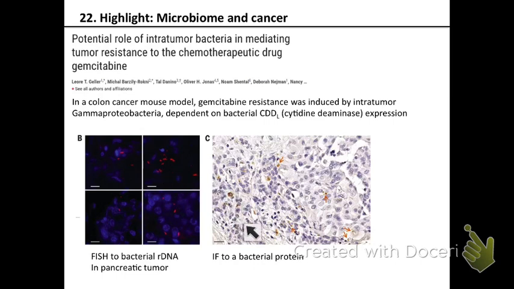And here's another type of assay in which they are trying to see if this bacteria is present in the samples. So they're doing an immunofluorescence against a bacterial protein. This antibody only binds to this bacterial protein, and you can see the presence of this bacterial protein in this histological sample shown with these arrows, right? So this bacteria is also present in humans.